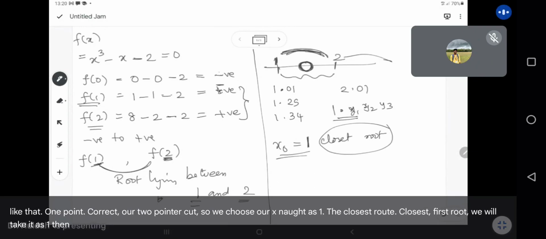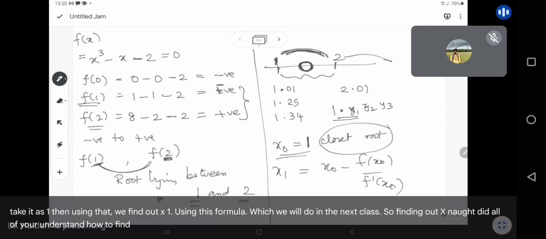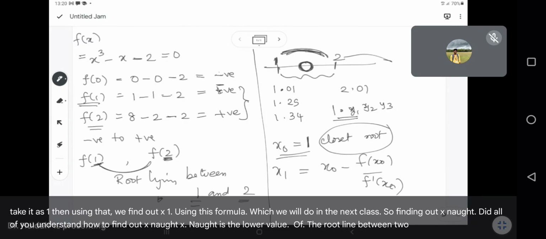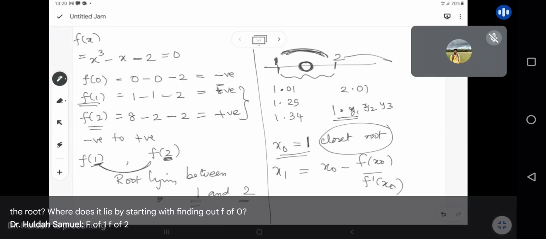Then using that, we find x1 using this formula, which we will do in the next class. So finding x naught, did all of you understand how to find it? X naught is the lower value of the root lying between two values. Where does it lie? By starting with finding f of 0, f of 1, f of 2. When there is a change in sign, you stop.